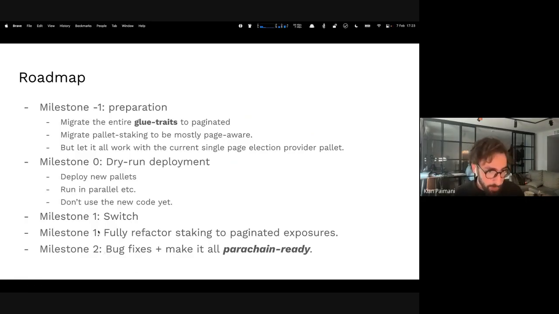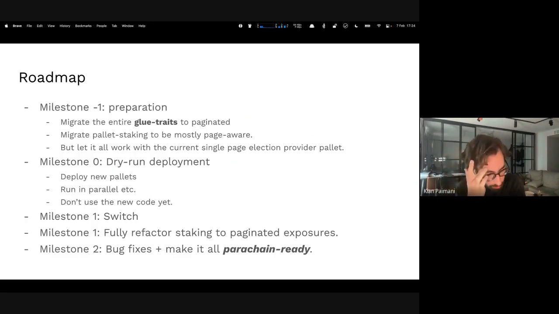But the next important milestone that I referred to, and I have to keep referring to myself, is that this is like a time bomb. At some point, staking needs to be rewritten, probably not from scratch, but significantly to deal with this stuff and just generally become much more multi-block friendly.